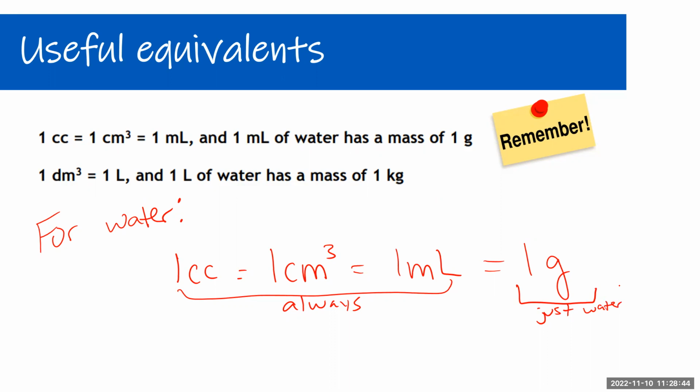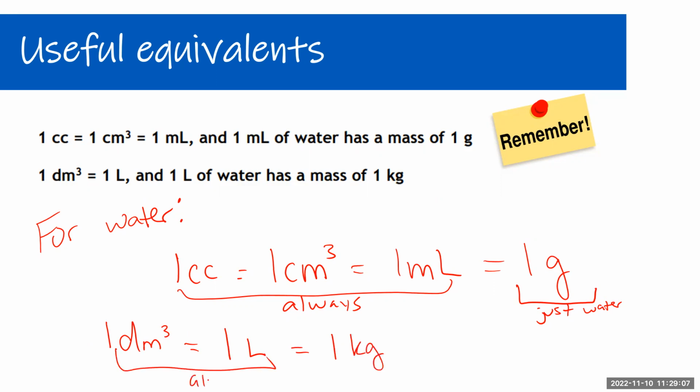So if I ask you questions about water, you need to know that 1 gram is the mass for 1 milliliter or 1 cubic centimeter. You also can note that for water, 1 decimeter cubed, 1 cubic decimeter, is the same as 1 liter, which also is the same as 1 kilogram, okay?